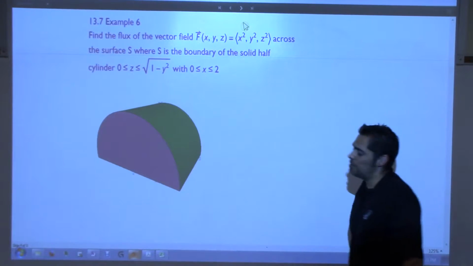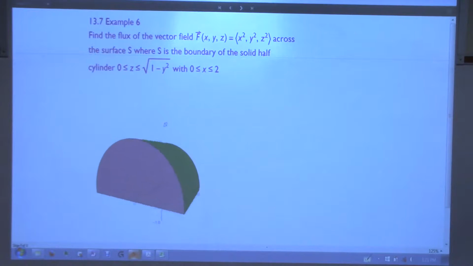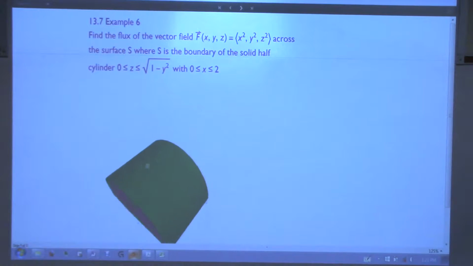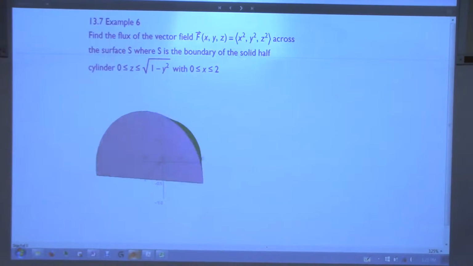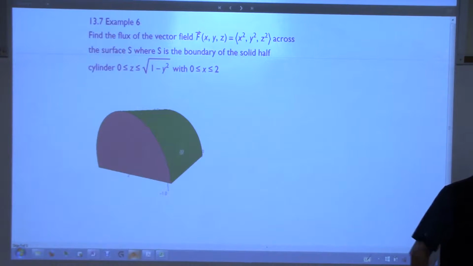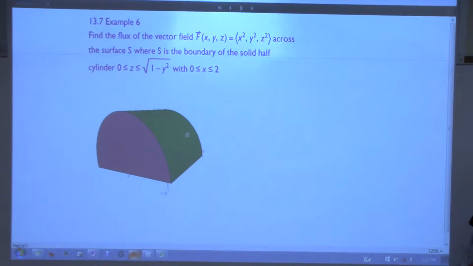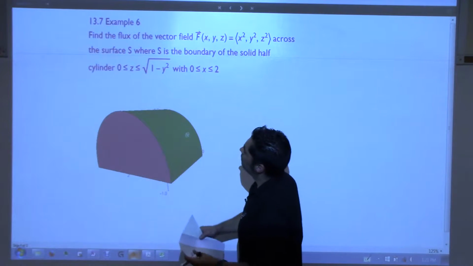All right, look at this object. You have a surface that looks like one of those aircraft hangars, right? We want to find the flux on this entire surface, S. S is the boundary of the solid half of the cylinder.